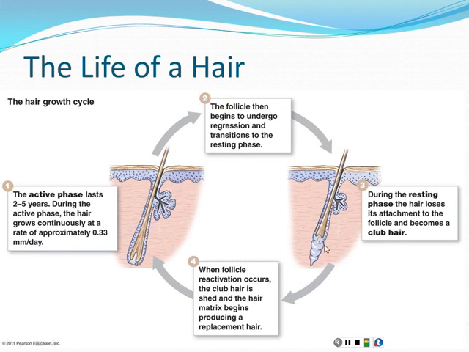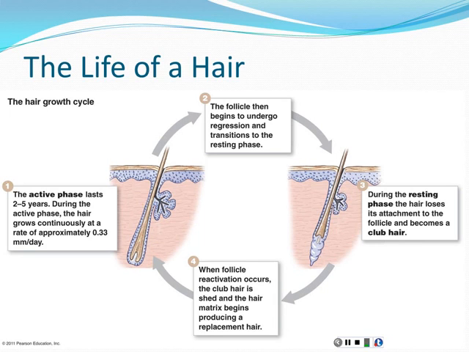So what happens is the hair matrix and hair bulb kind of go away. They involute, or they disappear. Once that happens, there's nothing holding this hair into the body anymore. So we call that a club hair. And these are the hairs you lose from your head and from your skin, that are coming from follicles that are in the resting phase.